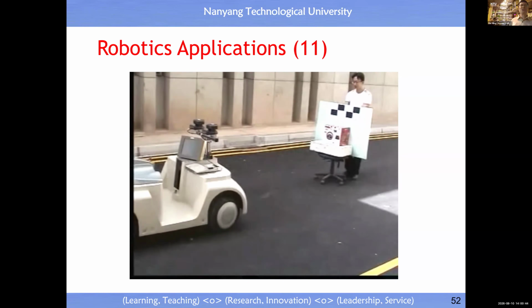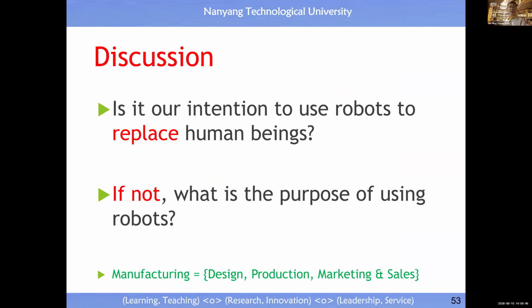This is a demonstration, and this is just for you to think. Is our intention to use robots to replace human beings? The answer is no. It is not to replace, it is to free us from doing those dangerous, dirty, difficult jobs. We must free human beings from doing work which is not so pleasant for them to do.